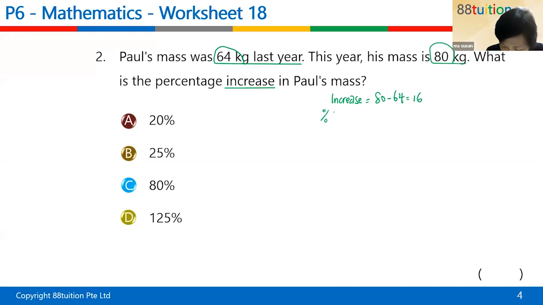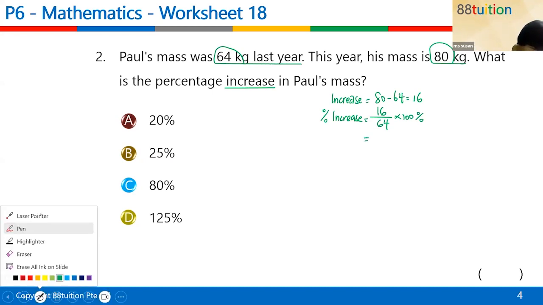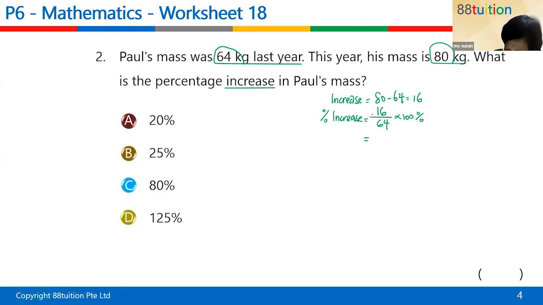Now, what is called percentage increase? We must use whatever increased value out of the original, which is 64, and then you multiply by 100%. So 16 divided by 64. In fact, if you change this to the lowest term, you will get 1 out of 4.